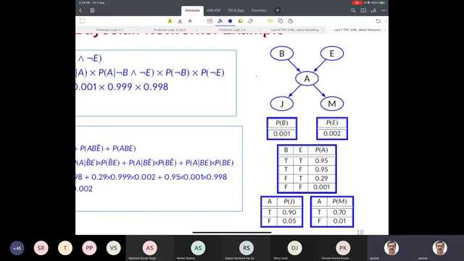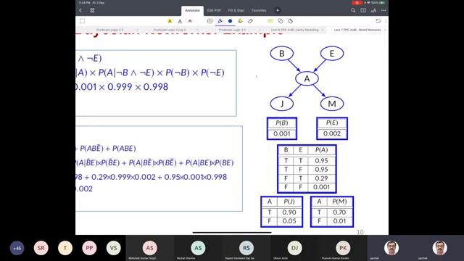Probability of E is 0.002, so not E is 0.998. Now, given B and E, I am given the probability of A. And given A, I am given the separate probabilities of J and M.